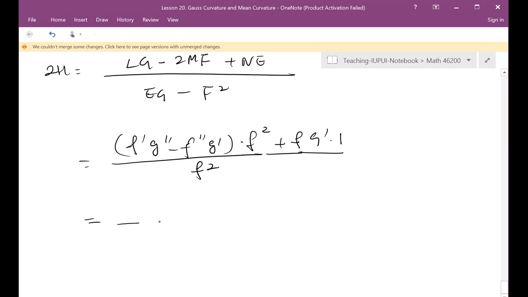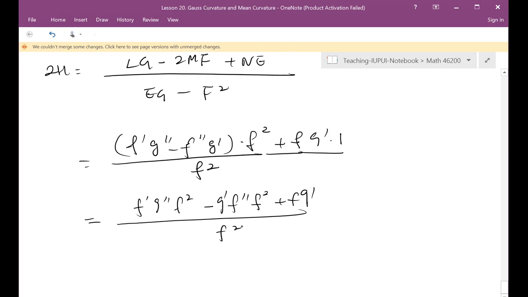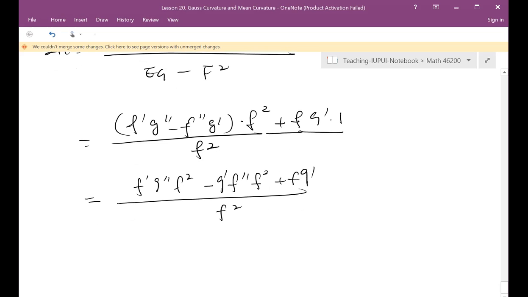Let me try this. So let's see, f prime g double prime f squared minus f prime f and the f squared and here's g prime, plus f g prime f squared. I don't see any simplification.